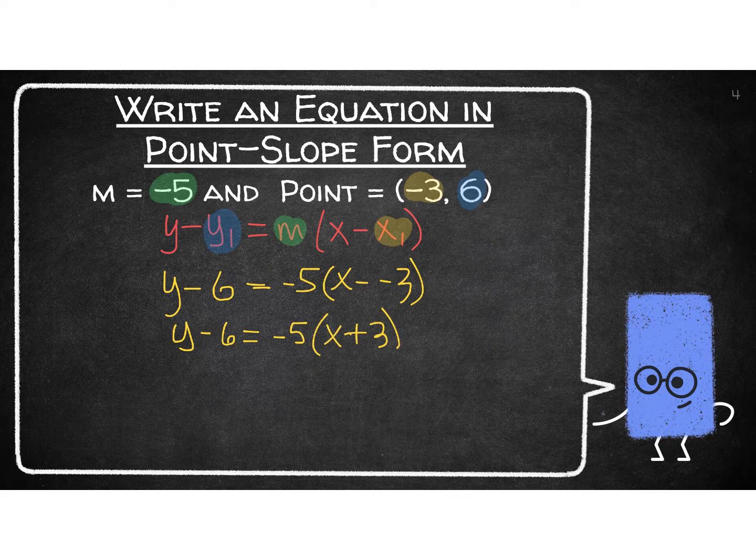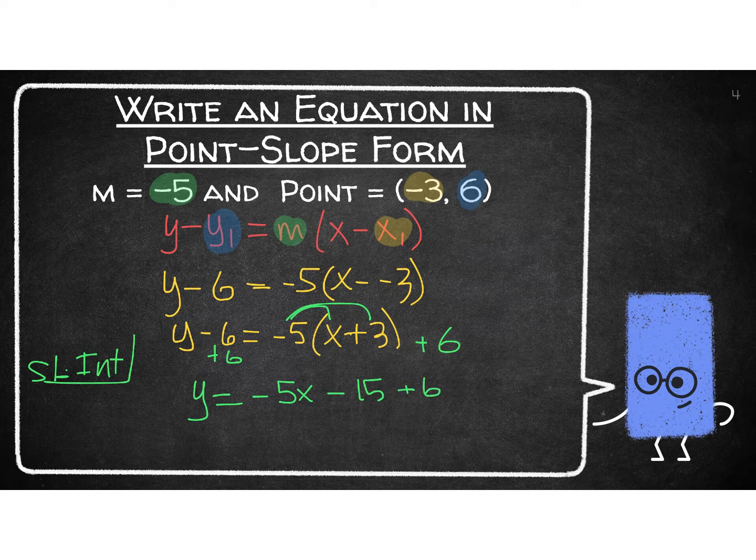Now, if I asked you to go a step further and say what slope-intercept form is, well, then we just have to solve for y. So if we're trying to find slope-intercept form, then we just have to solve for y, so that's distribute here and add the 6. So y equals negative 5x minus 15 plus 6.